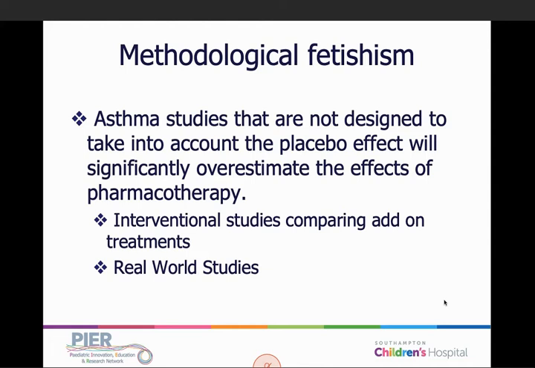And when you look at interventional studies for asthma, particularly all of those which look at what to do in difficult asthma, what do you do beyond the first-line preventer treatment? Do you add in a long-acting beta agonist? Do you add in a leukotriene receptor antagonist? Do you double the dose of inhaled corticosteroids? I think without exception, I'd like to see the study that has done this. I don't think it's been done.